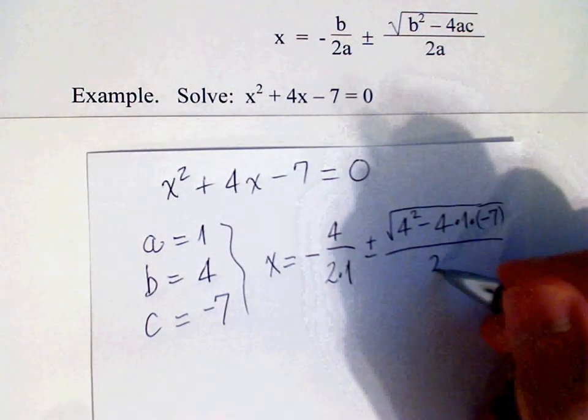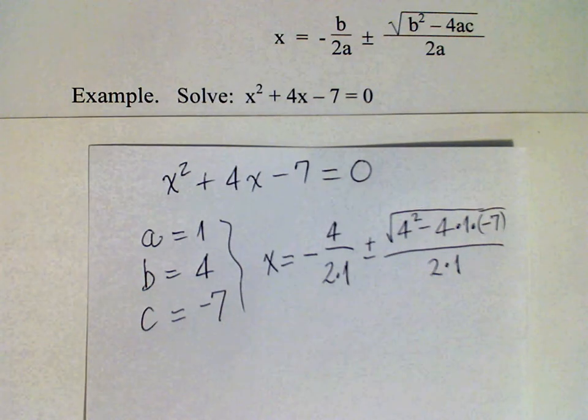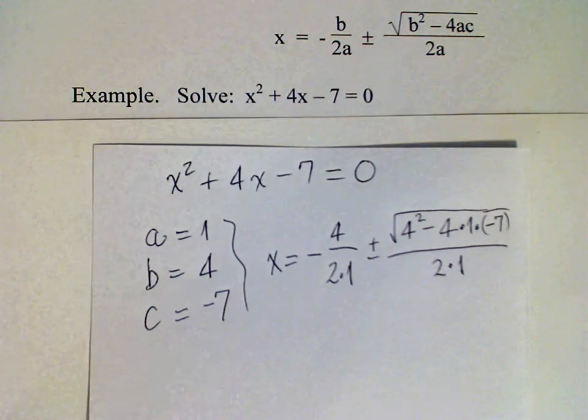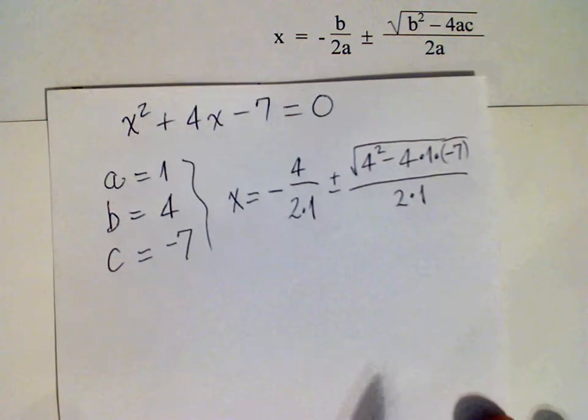And then that has to be divided by 2a, which is 2 again. You have to pay attention and not drop negative signs when using this formula. If you drop one negative sign, the answer is just going to be wrong.